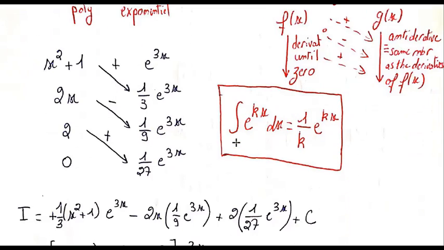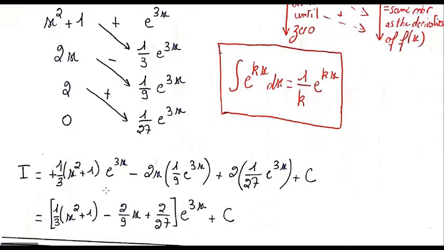And what we do next is that we multiply 1/3 e^(3x) by x squared plus 1, and we put a plus before it. So it's plus 1/3 (x squared plus 1) e^(3x), then minus 2x multiplied by 1/9 e^(3x), then plus 2 multiplied by 1/27 e^(3x), plus a constant c.